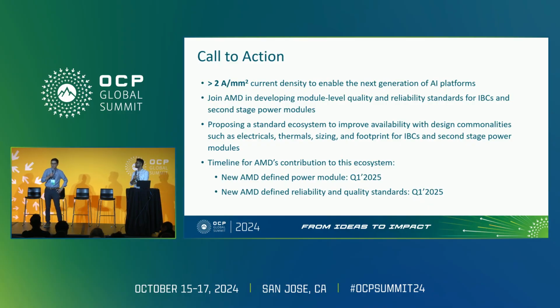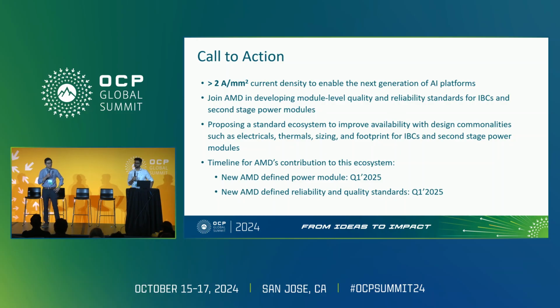And along with those two modules together, the hope is that we'll develop an ecosystem with reliable, high-quality modules that can be used across the community. And so, the timeline for AMD's contribution to this ecosystem.